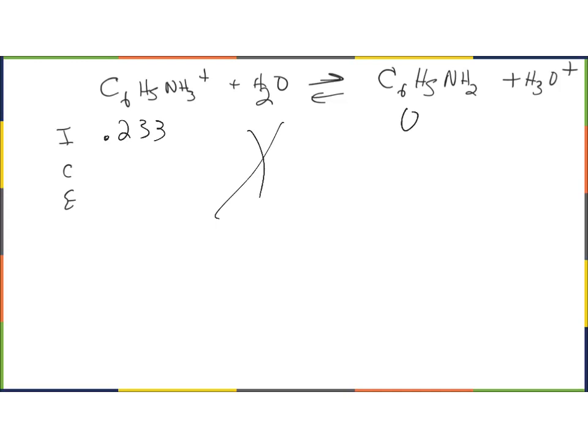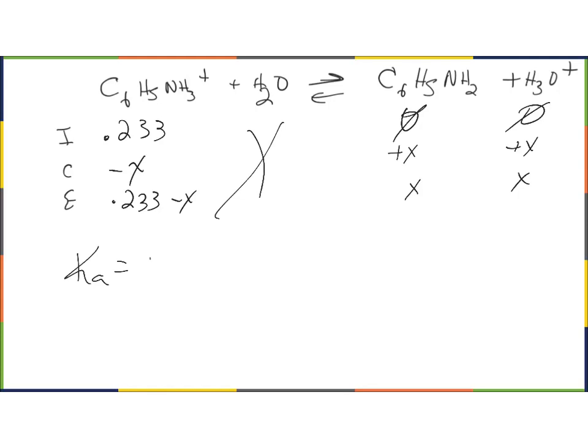We ignore the water, and these are zeros. This is going to go down by X, up by X, up by X, giving us X and X, and a Ka, which we calculated on the previous page, of 2.33 times 10 to the minus 4, equal to X squared over 0.233 minus X.